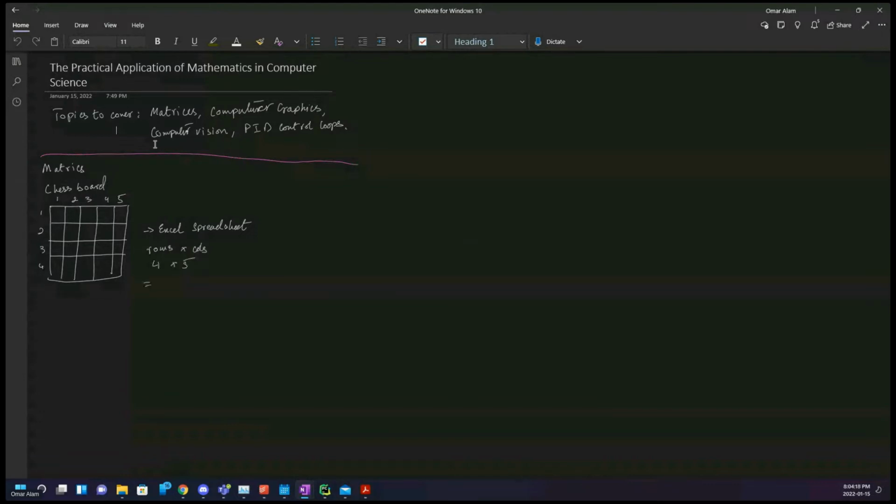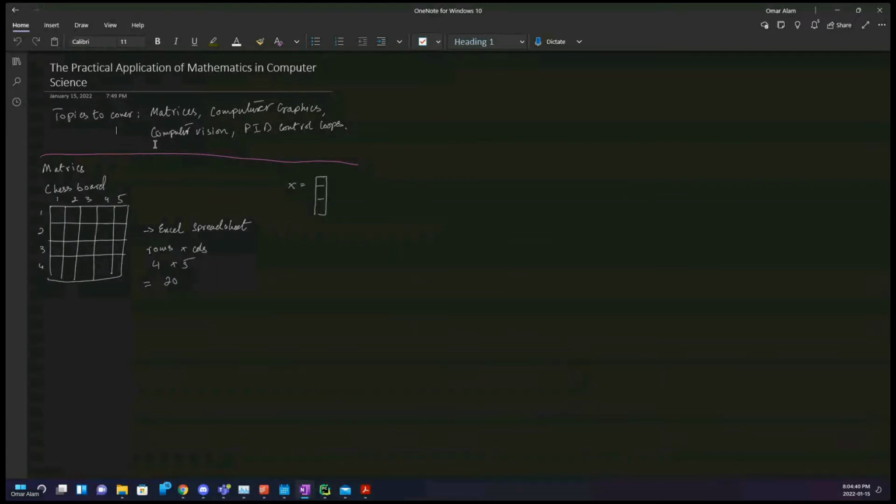And the amount of entries you can store inside a matrix is just multiplying these two numbers. In this matrix specifically, you could store 20 entries. You could also have one-dimensional ones; they're really just a special case of two-dimensional. So you could have a column matrix, which basically looks like a column.